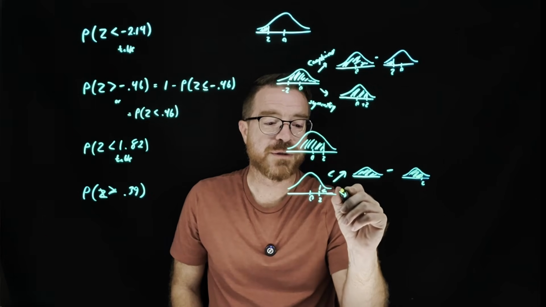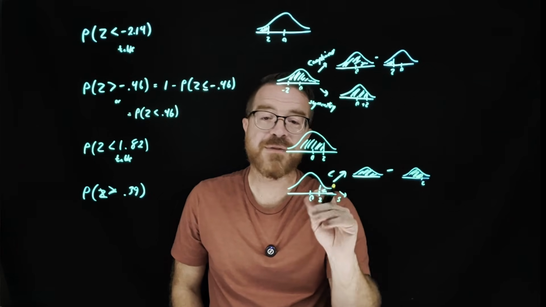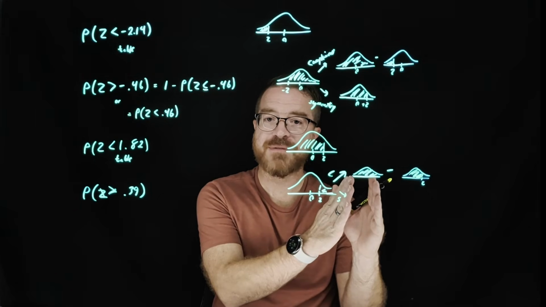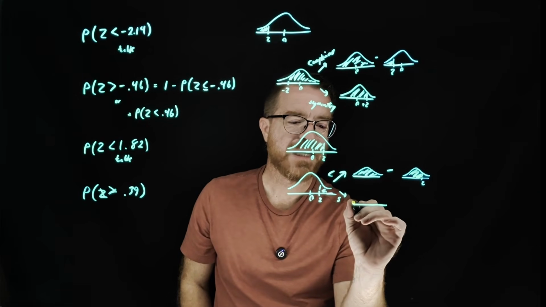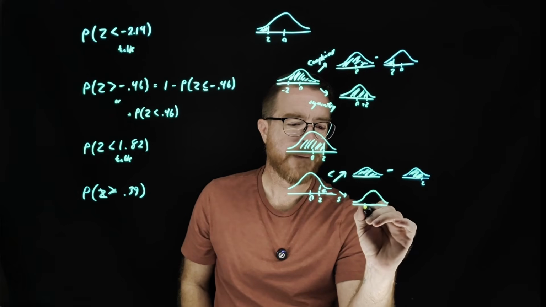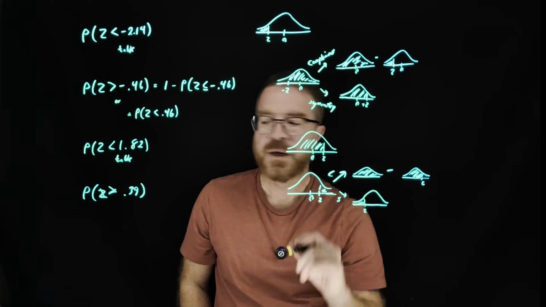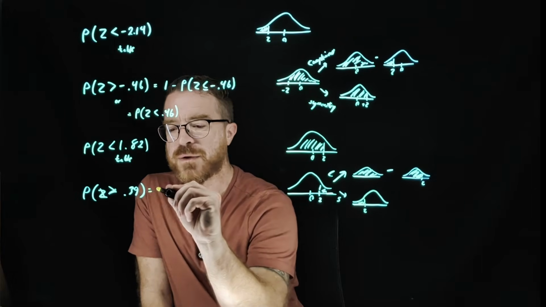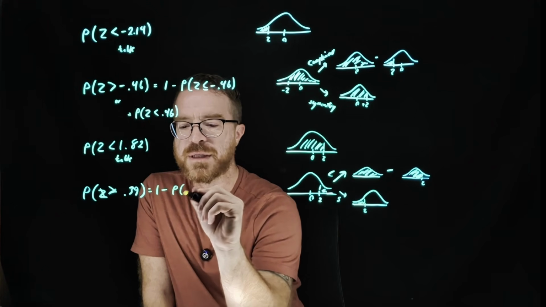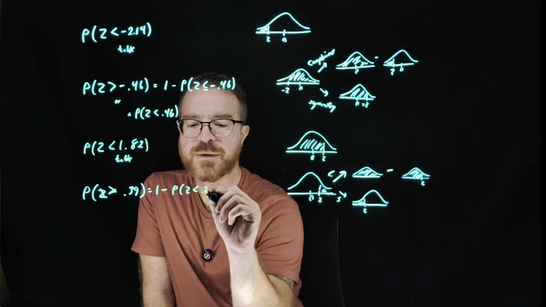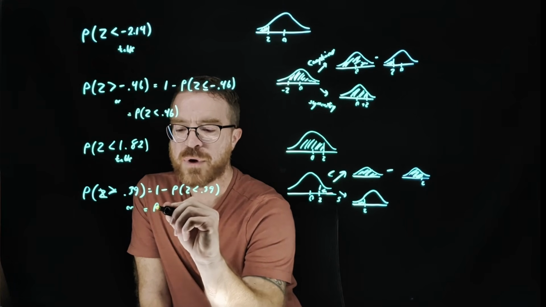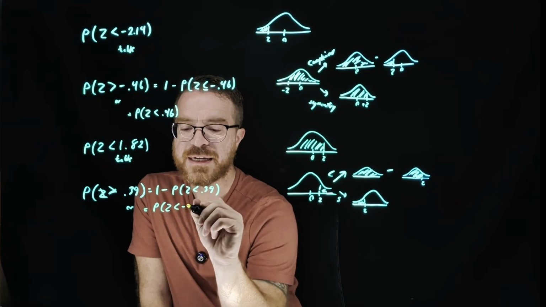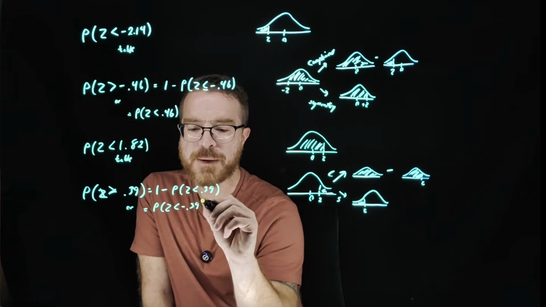Or you could still use symmetry just like before, where instead of having it to the right of the positive z value, you flip it and it becomes to the left of the negative z value. So this could either be found by doing 1 minus the probability z is less than 0.39, or you could set it as the probability of z less than negative 0.39.